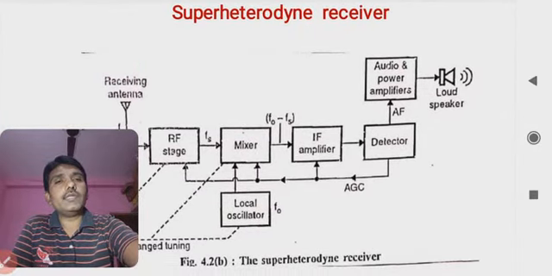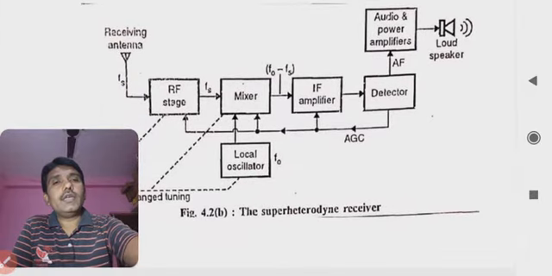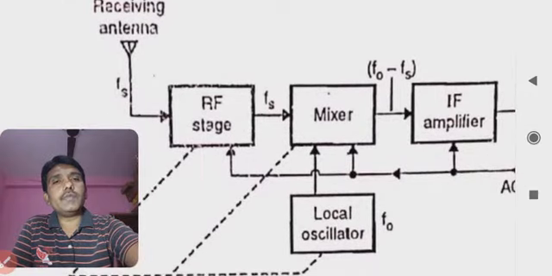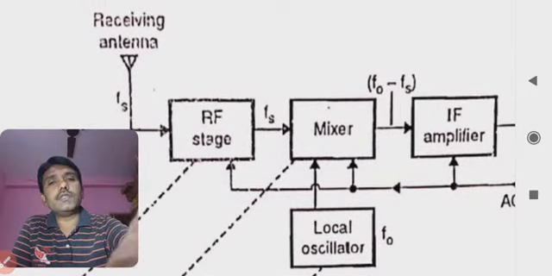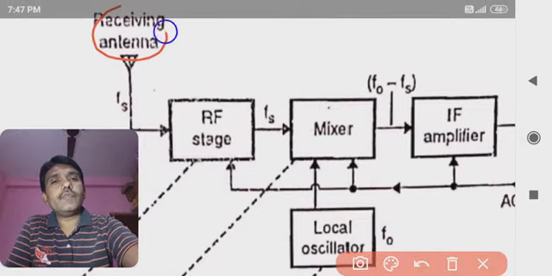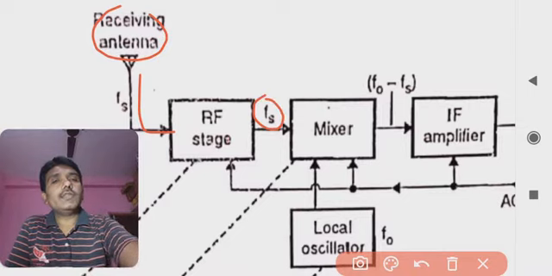If you look at this block diagram for the super heterodyne receiver, first is the receiving antenna, through which the signal comes to the RF stage, and this is called FS, that is selected frequency.